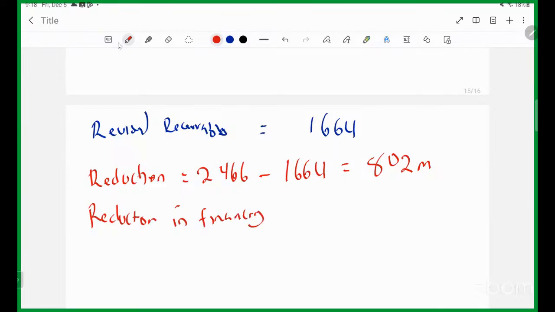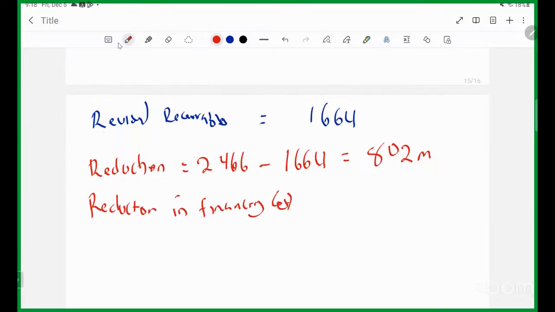In financing cost, it's going to be this 802 times the 15%. What do you get? 120.3.